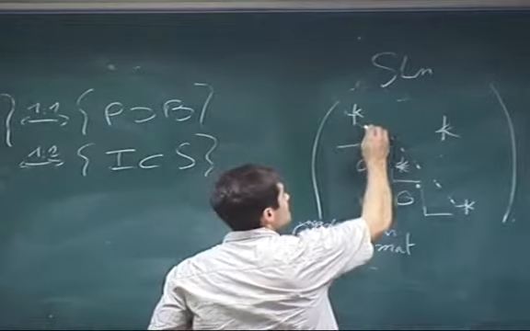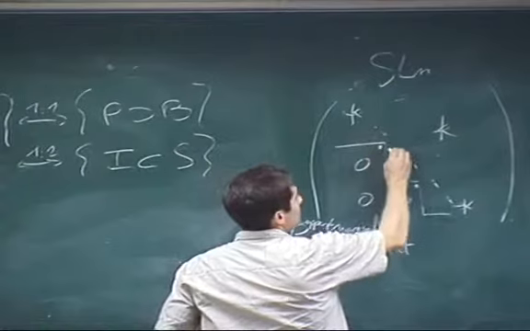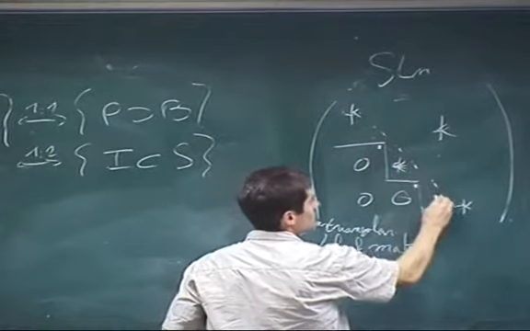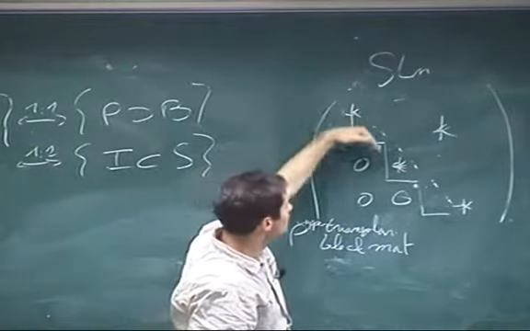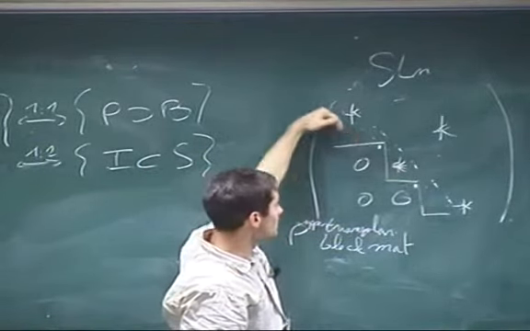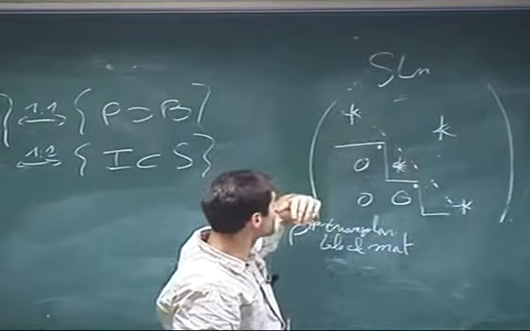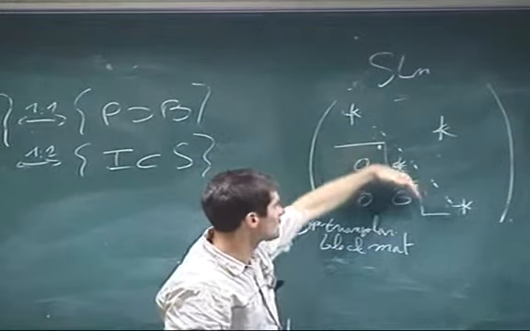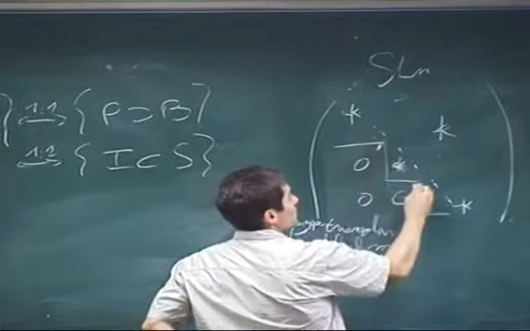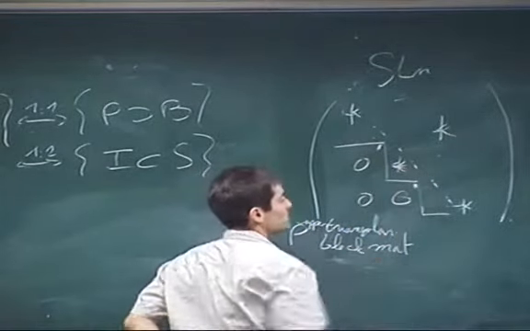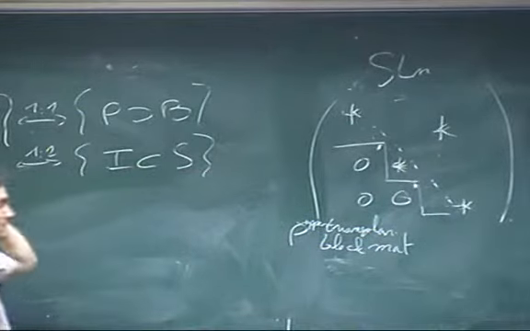So we can classify all simple roots with the coefficients on the line under the diagonal. And each point here corresponds to a simple root.